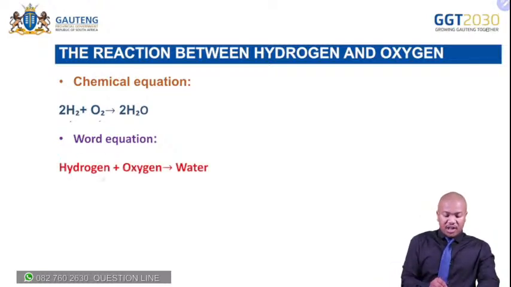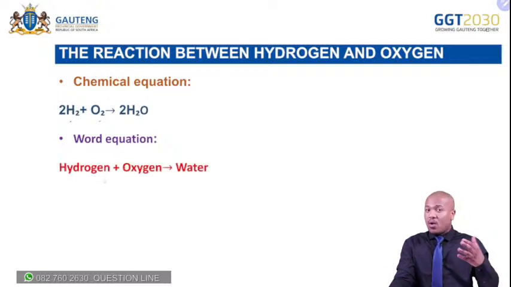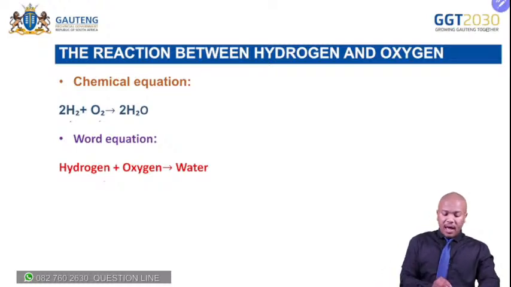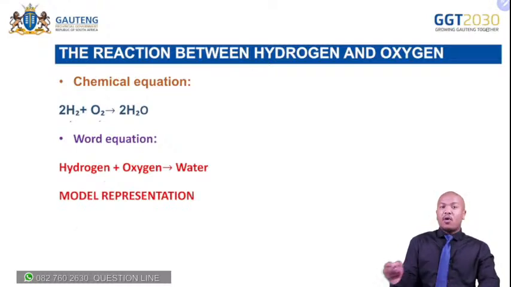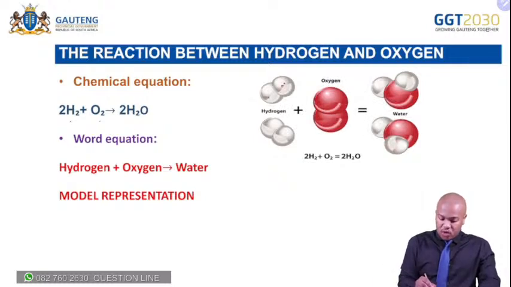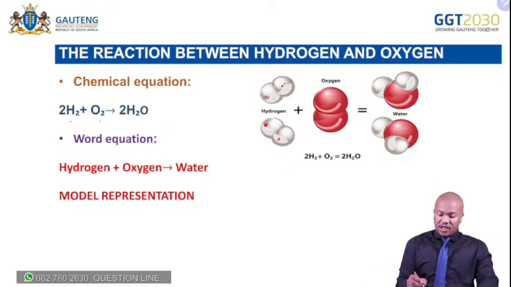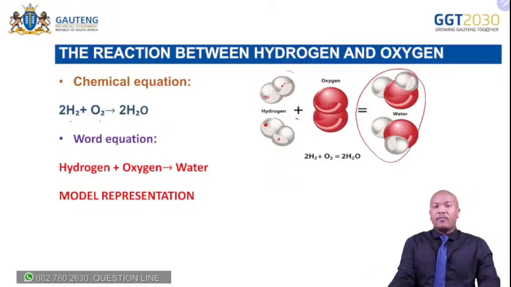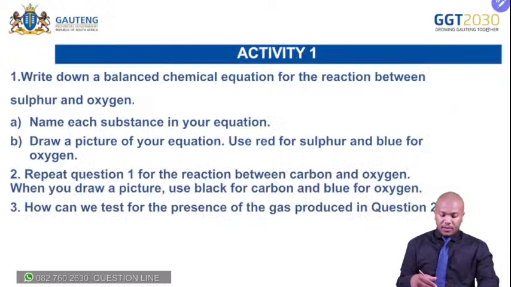You have hydrogen plus oxygen forming water. And also you have the model representation. You also have 2 diatomic hydrogens, so meaning you have 4 hydrogens plus 2 oxygens forming what? 2 molecules of water. Right.